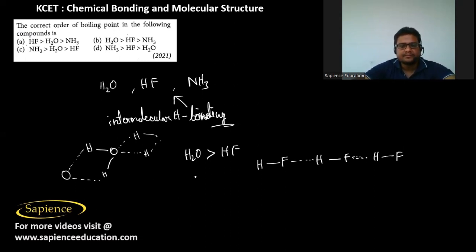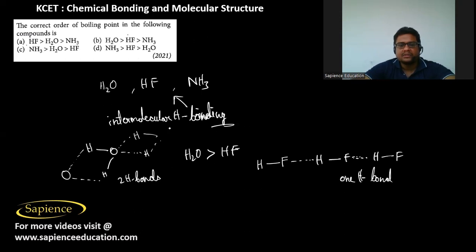So for each molecule of HF, on an average, only one hydrogen bond is formed, and in H2O, two hydrogen bonds are formed per molecule of H2O.